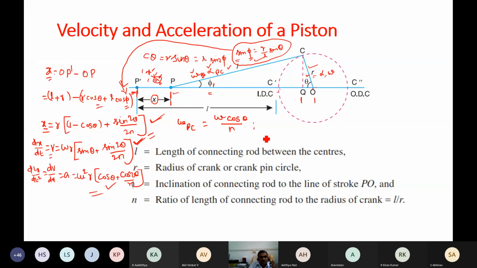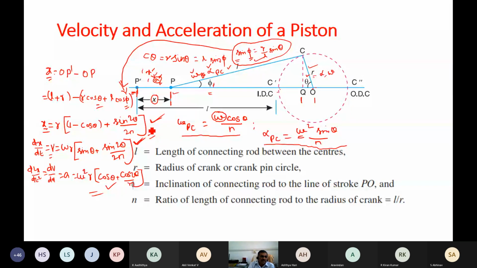Similarly, the angular acceleration of the connecting rod is equal to omega square sin theta by n. So now we have four equations: one is the angular velocity of the connecting rod, and another is the angular acceleration of the connecting rod. Here this omega is the angular velocity of the crank.